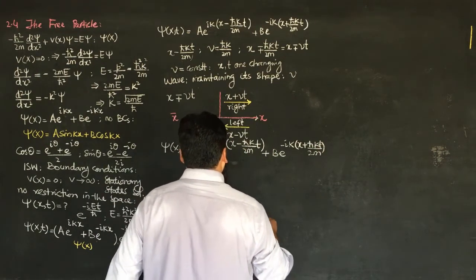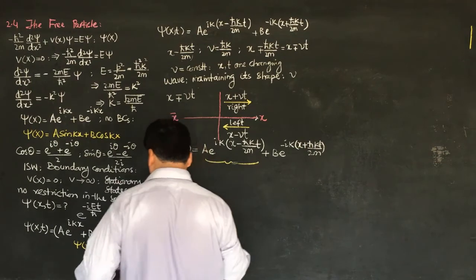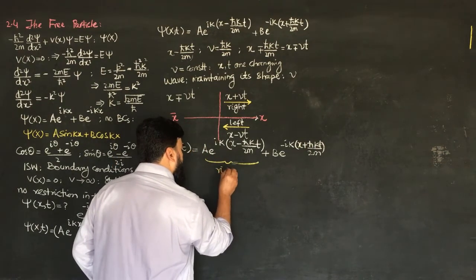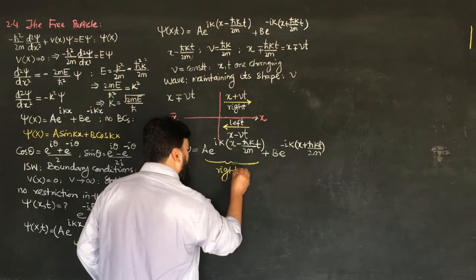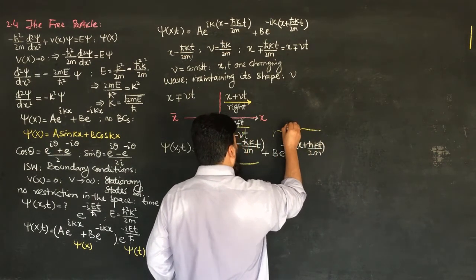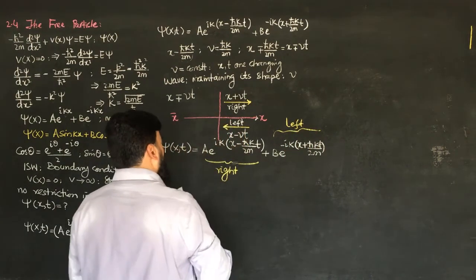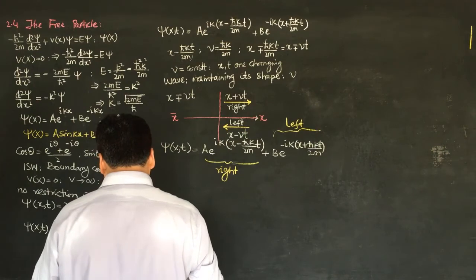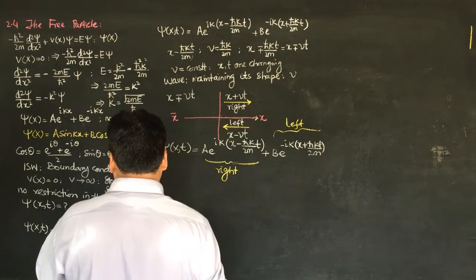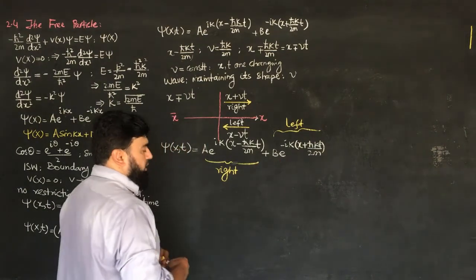So this is the portion of a wave going in the right direction, while this portion of the wave is going to the left. So it is the same wave, only its direction changes, and I can now combine these two into one.